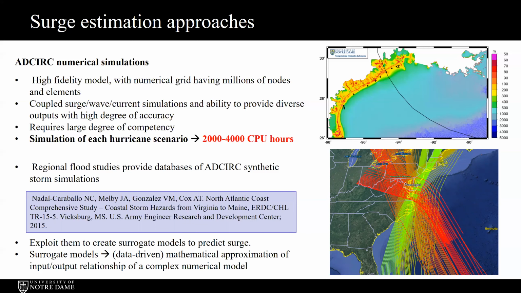For those of you that are not familiar with the term surrogate models, they're simply mathematical approximations of the input-output relationship of a complex numerical model. They're exceptionally fast and they're data-driven, which means they need to be developed based on the database of input-output pairs, which we already know we have.